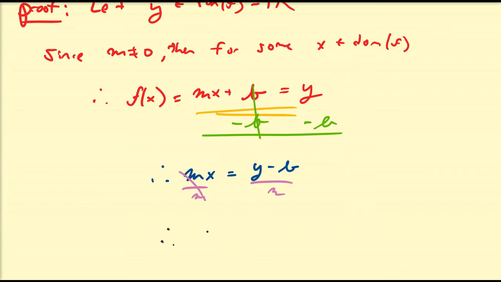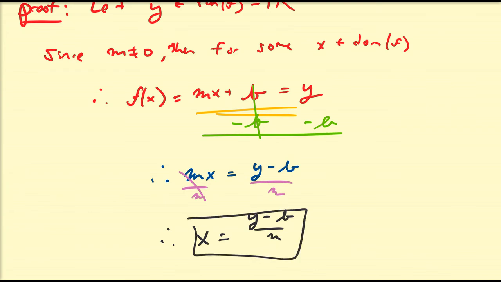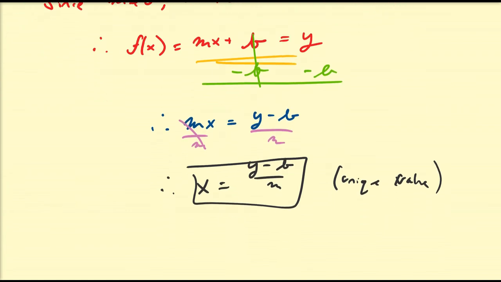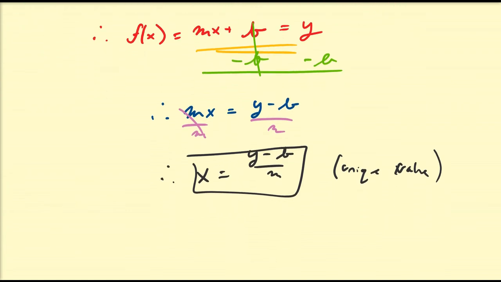So I have that my particular x value is going to be equal to y minus b divided by m. So that is my unique value, for some particular chosen y. b and m are of course given by some linear function, and m is non-zero, so this is definitely well defined.